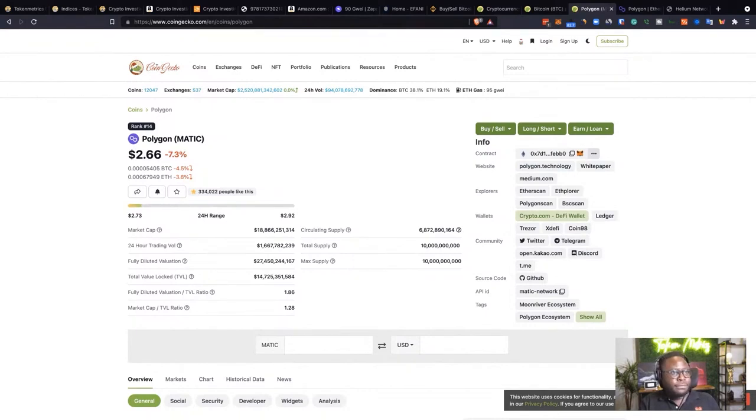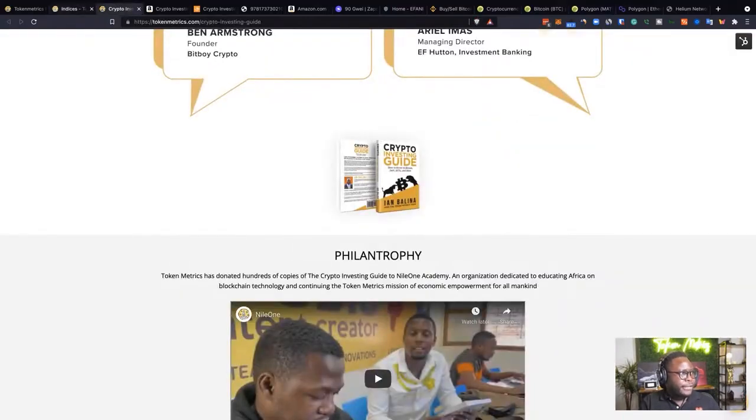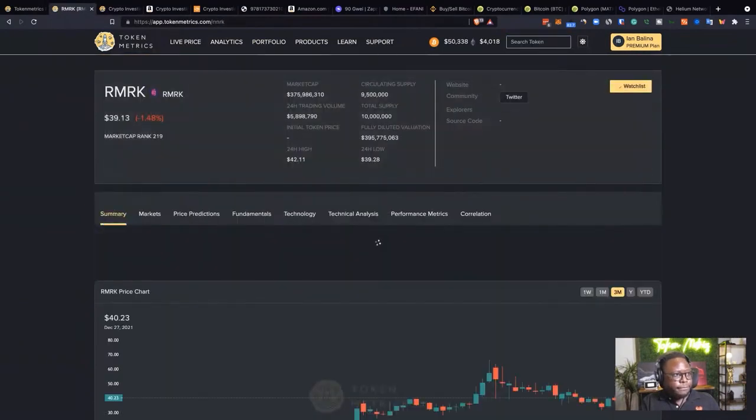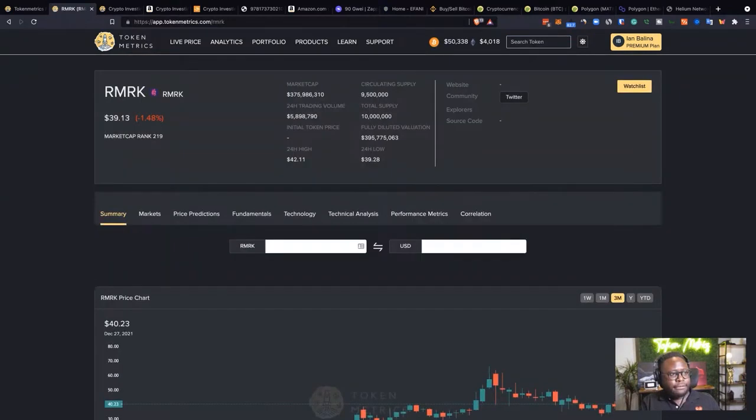And we said the same thing with RMRK. This is a very decentralized project, right? So 95% of the token is trading on exchanges. There aren't really any insiders, and that's huge, right?